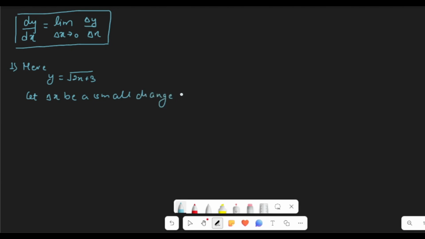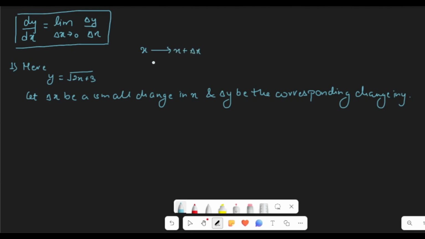So let del x be a small change in x and del y be the corresponding change in y. We know what this corresponding change means. As x goes to x plus del x, y goes to y plus del y. This is the meaning of corresponding change.